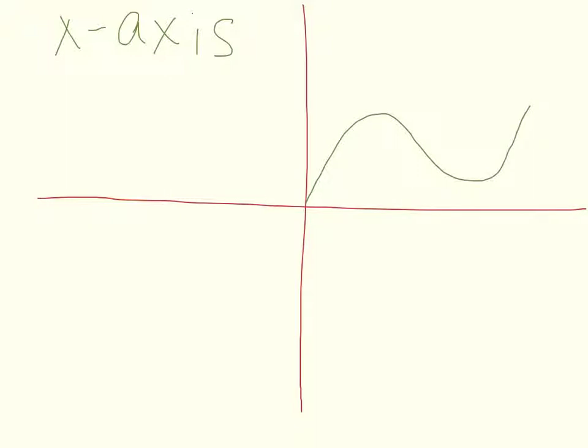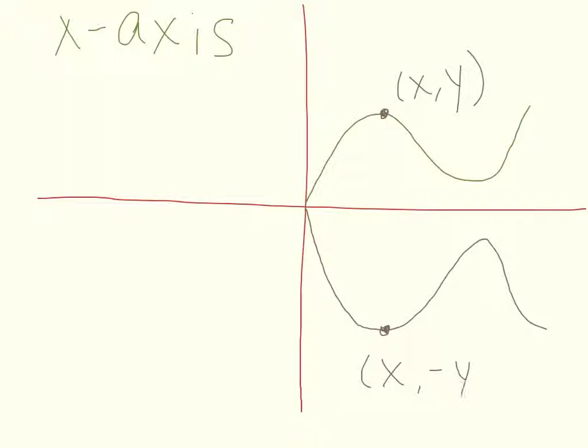If something has x-axis symmetry, for every point, say (x, y), there's another point that is (x, negative y). In this respect, it has x-axis symmetry.